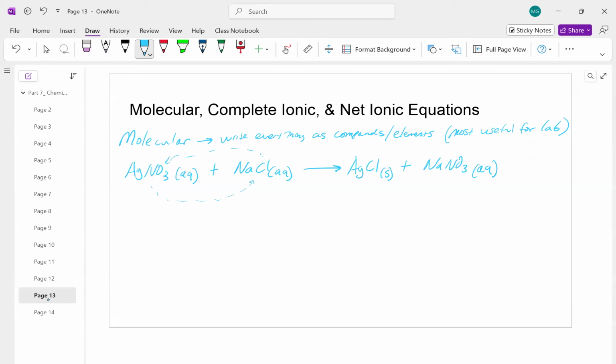Now, another way to write this reaction is to do what's called a complete ionic equation. What this does is it writes all aqueous solutions as ions. The purpose of it is it gives us the most realistic picture of what's going on.